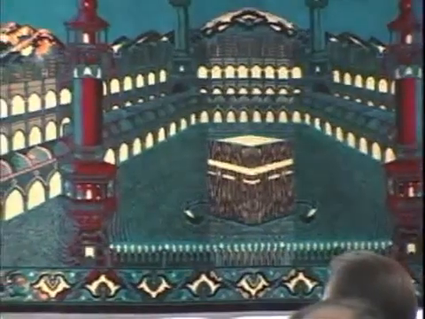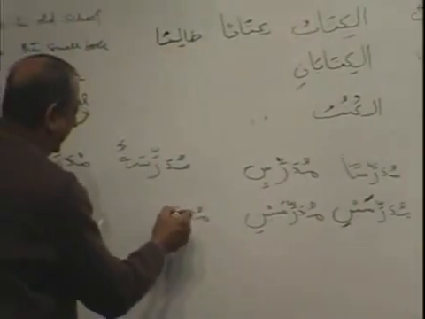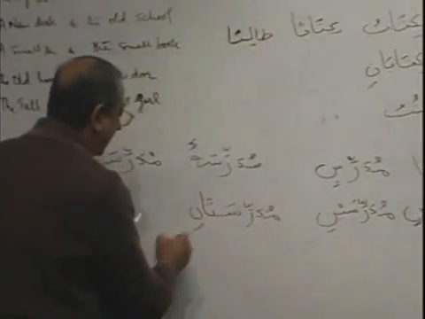Now here comes Mudarrisatun. Make it dual. How will I make it dual of Mudarrisatun? Mudarrisatani. But the first form is ani. What will you say? Mudarrisatani. The muannas will become tani.